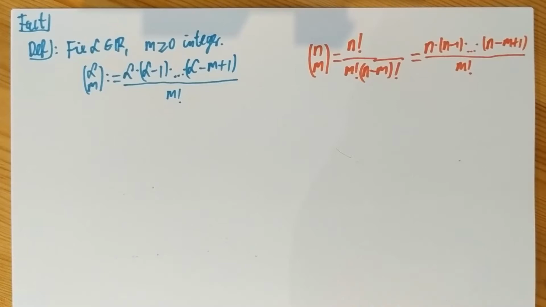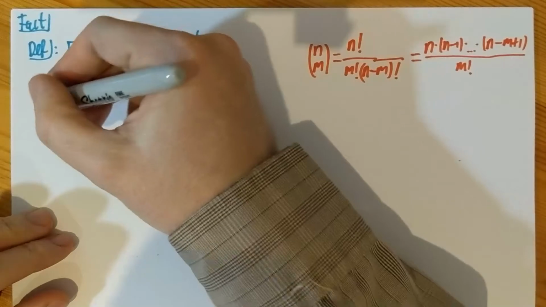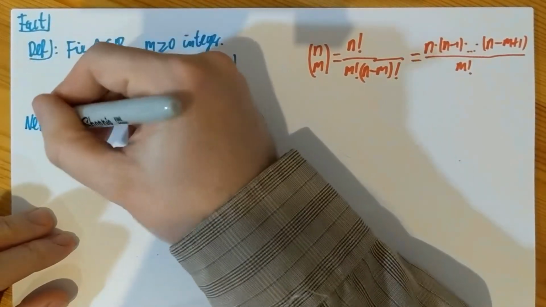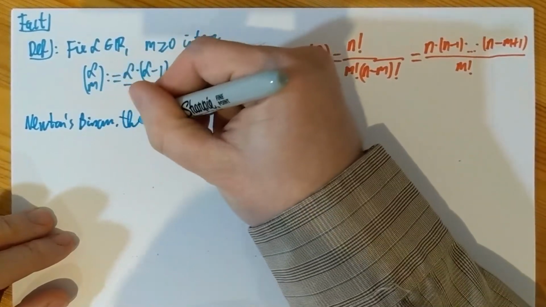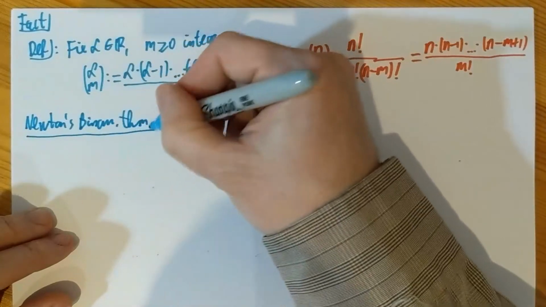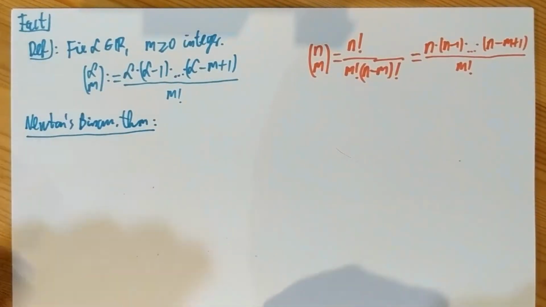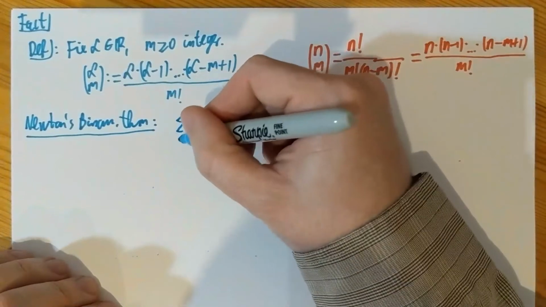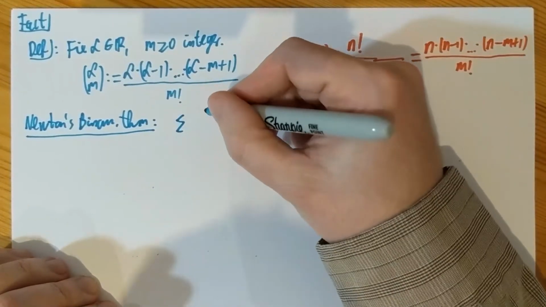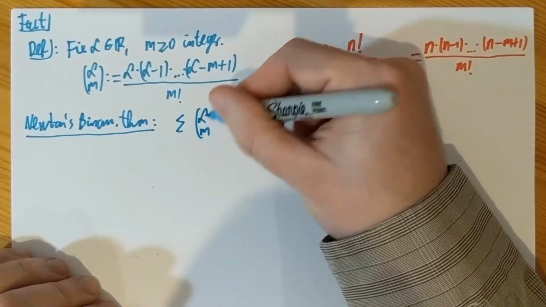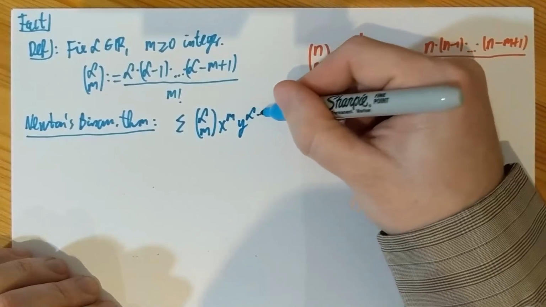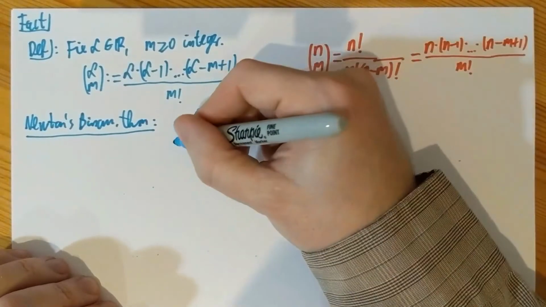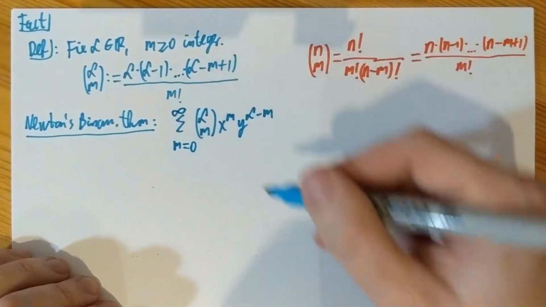In particular, before I do my calculation, I want to mention Newton's binomial theorem. That's the fact. Newton's binomial theorem actually still holds for this setup. Take a sum of alpha choose m times x to the m and y to the alpha minus m, and this time m will go from 0 to infinity.